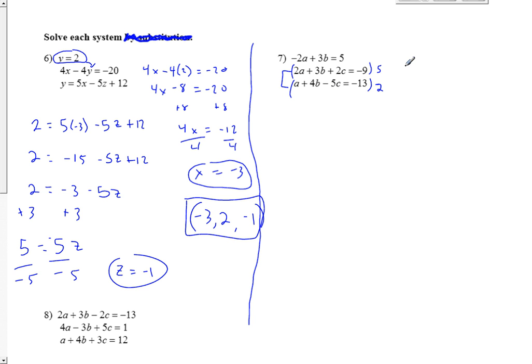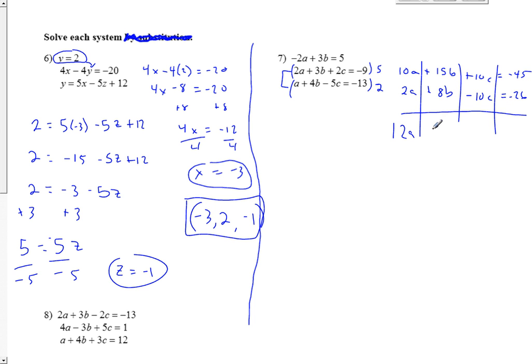So let's get our new polynomials here. We get 10a plus 15b plus 10c equals negative 45. And we get 2a plus 8b minus 10c equals negative 26. All right, when we add these together, we get 12a plus 23b.